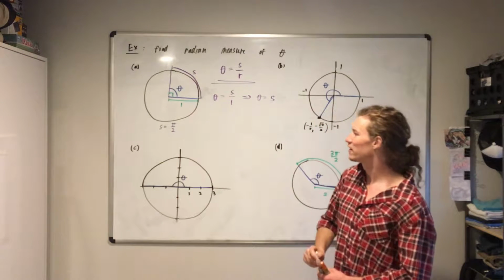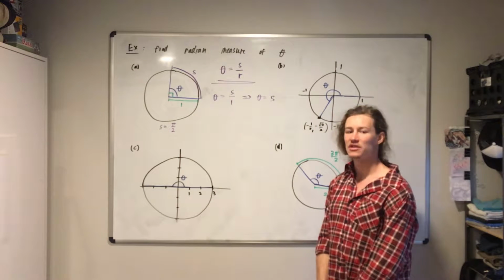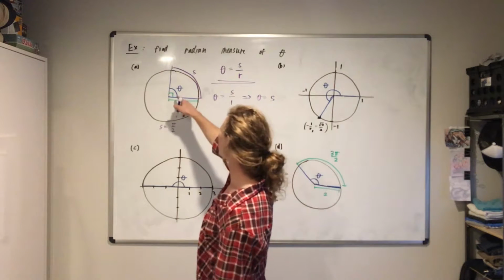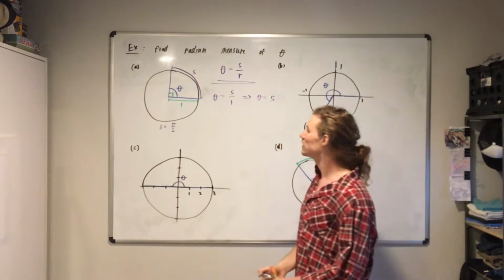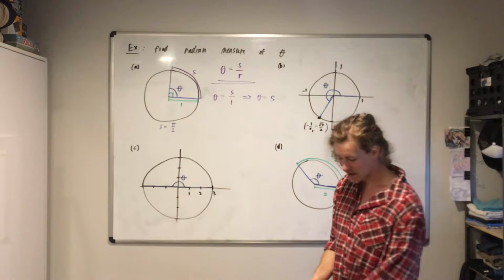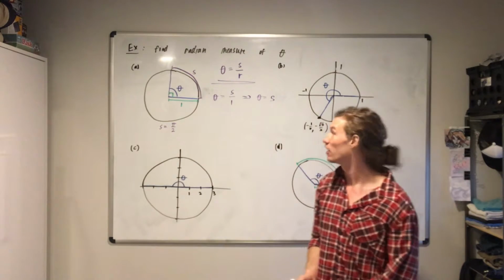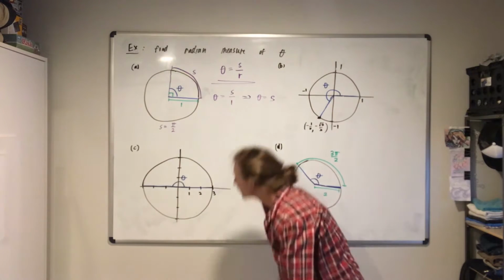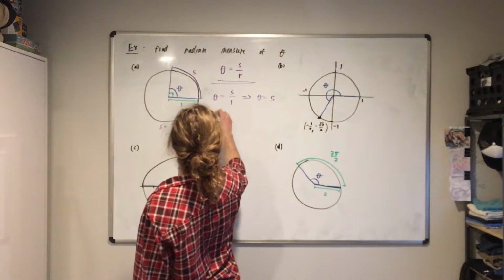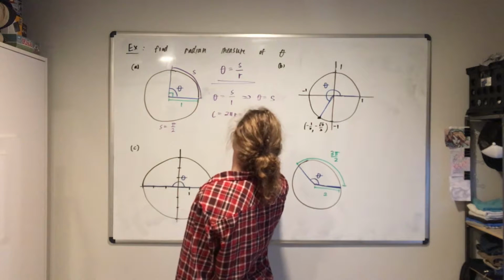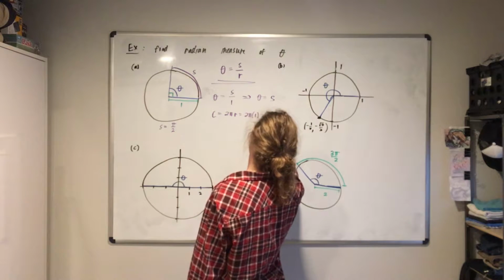Now how else could we have found that arc length? Well, we could have used the definition for the circumference of a circle. Because this is a 90-degree angle, we should have a quarter of the circumference of the total circle equal to the arc length we're looking for. The circumference is 2 pi times r, or 2 pi times 1, or 2 pi.